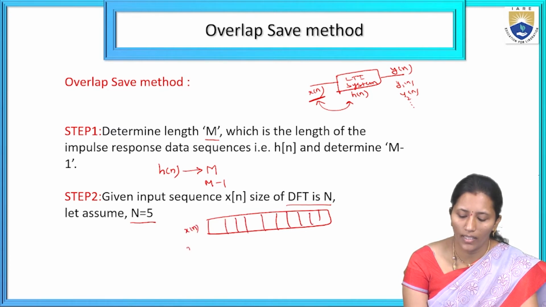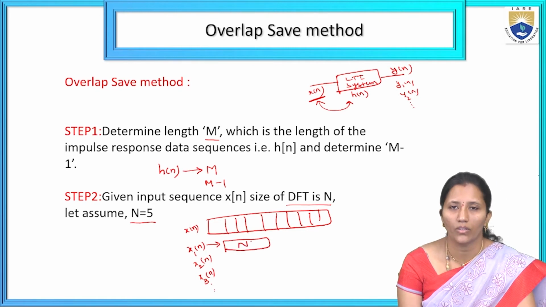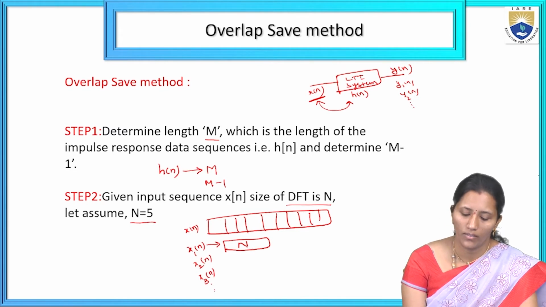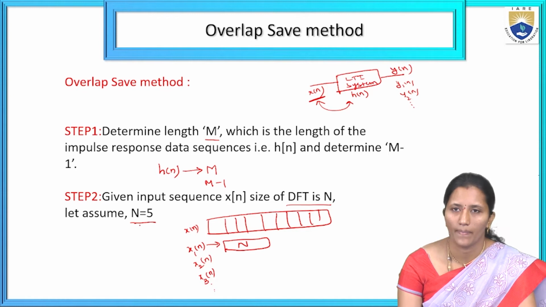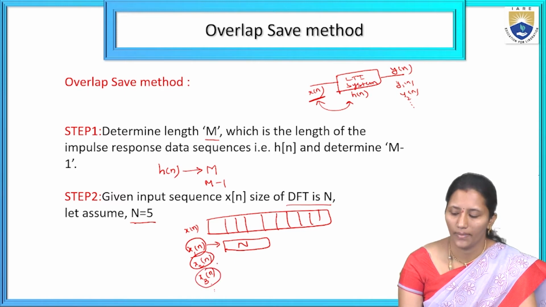After segmenting, we get different blocks, x1 of n, x2 of n, x3 of n, like that. Each block length should be capital N. It may be 5 or 6 or 4, but here I am assuming N is equal to 5. That is, the segmented blocks should contain 5 samples, 5 input data.